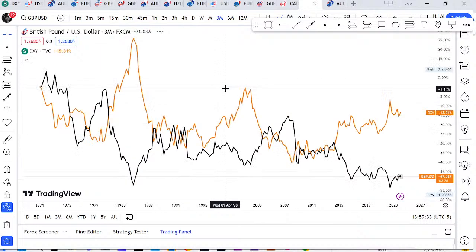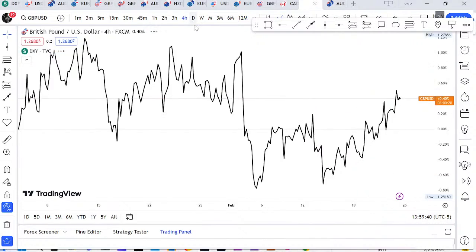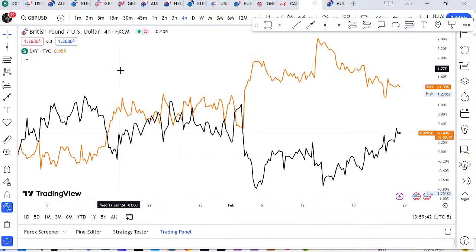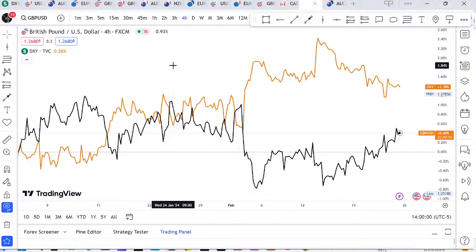With the dollar index it's also negatively correlated. The dollar index is negatively correlated with GBP USD in the sense that when GBP USD was coming down, the dollar index was moving up. So this is the negative correlation.